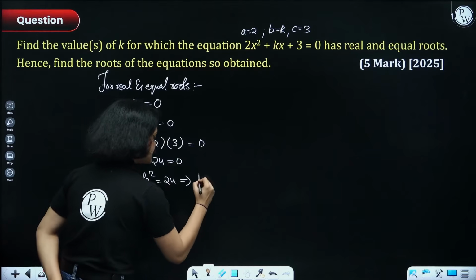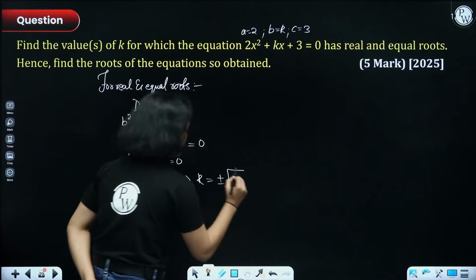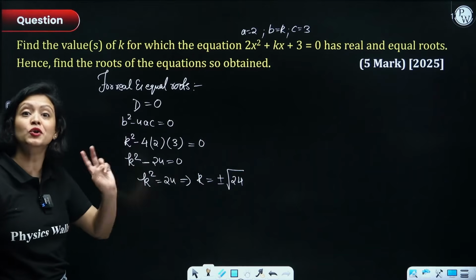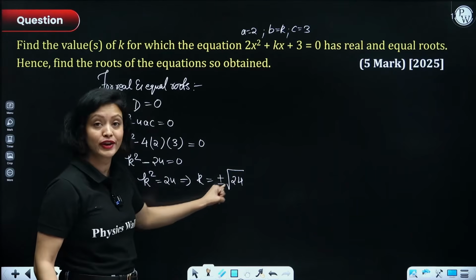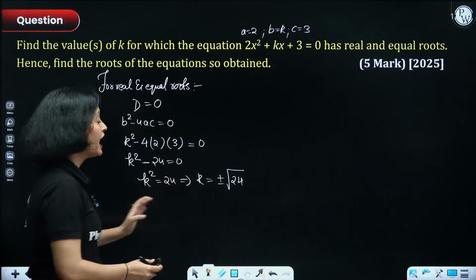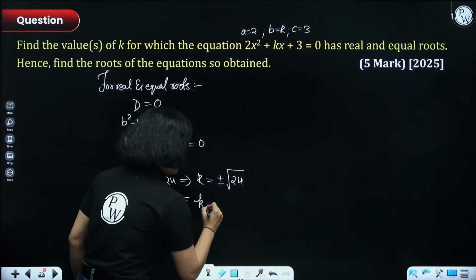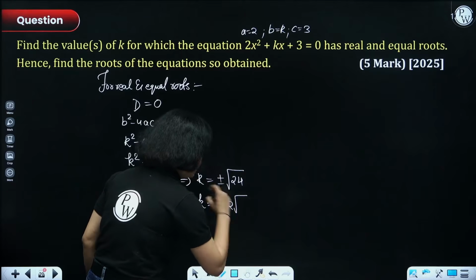Now that tells us that k should be equal to positive or negative under root of 24. Because k square is coming as 24, that means there would be 2 possible values of k. One would be positive under root of 24, another one would be negative under root of 24. So I can simplify this like this also, plus minus 2 under root of 6.